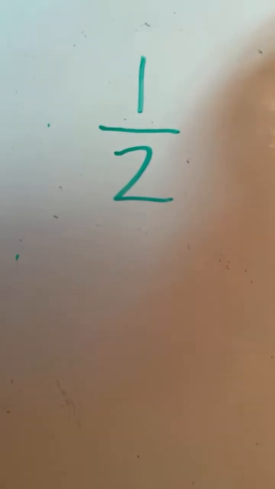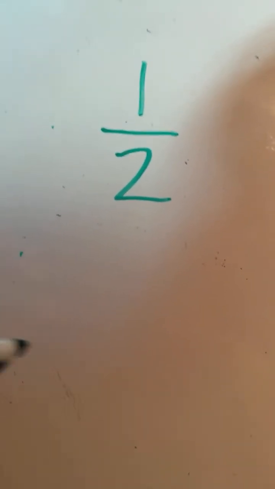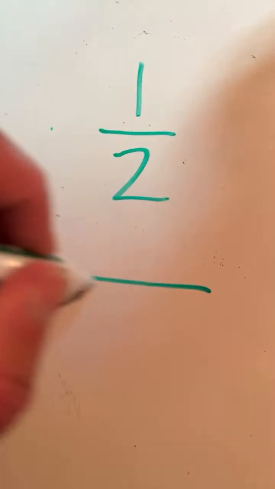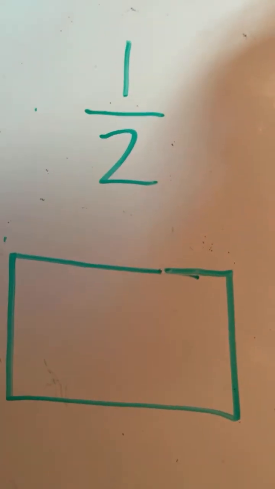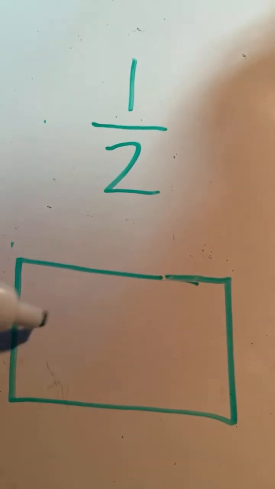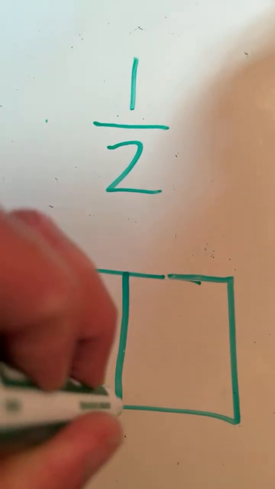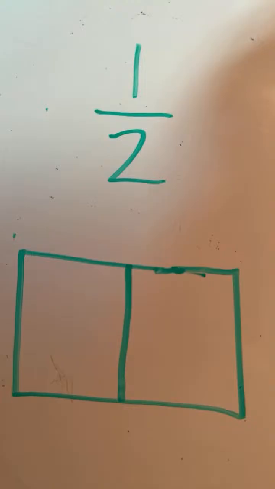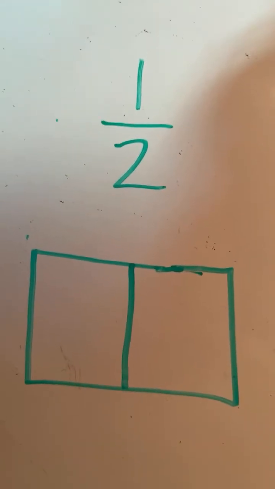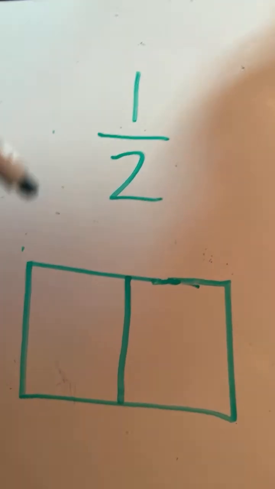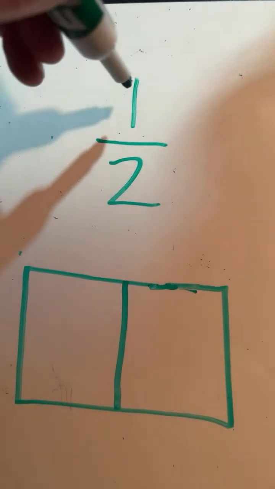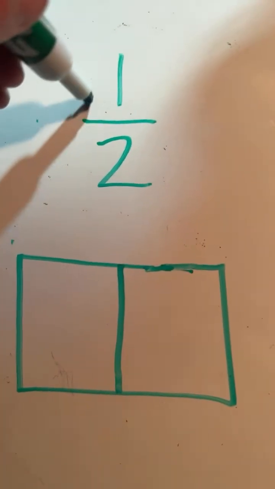So this one, a little bit easier, 1/2. I got to draw a fraction model that represents 1/2. So 1/2 means that there's going to be 2 total parts. And I need to shade in one of those 2 parts. Again, the numerator represents how much of the fraction is shaded in.